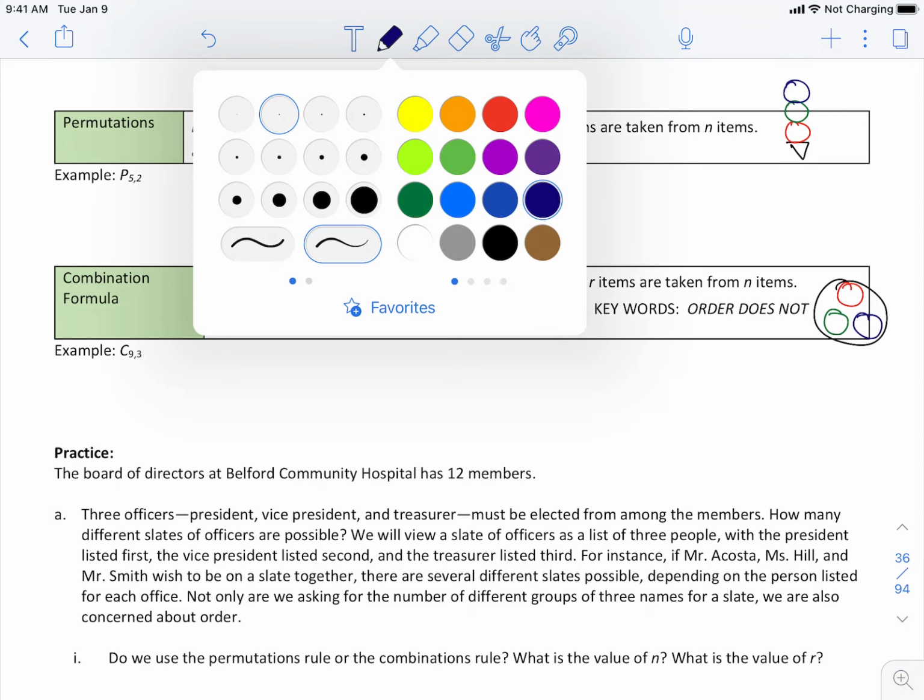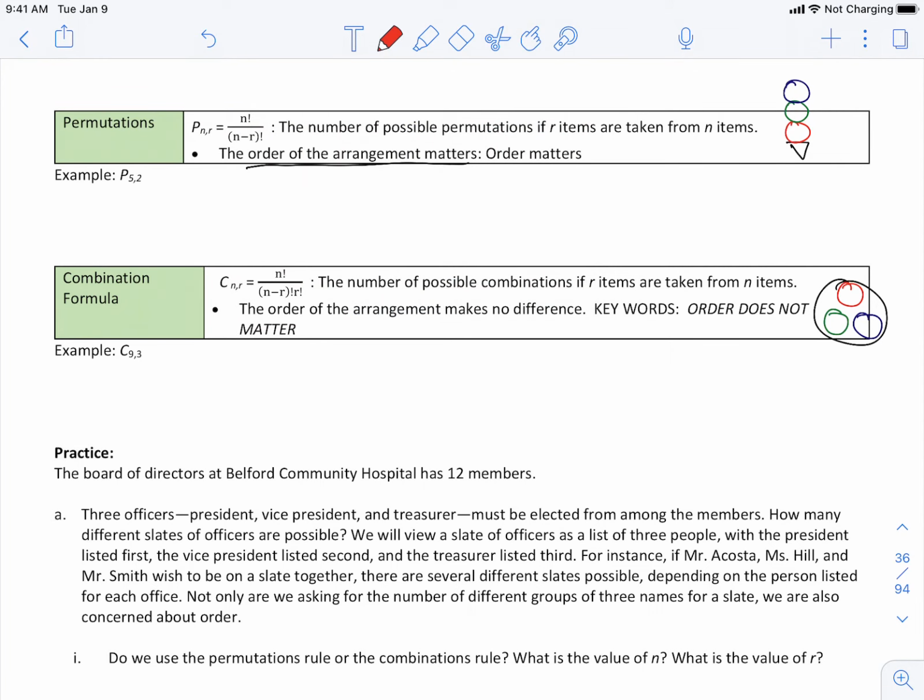So using these formulas for a permutation, example is P5,2. That's the notation that this book uses. We did 5P2 last semester, which I'm going to keep up. Remember, this represents 5 factorial divided by 5 minus 2 factorial.